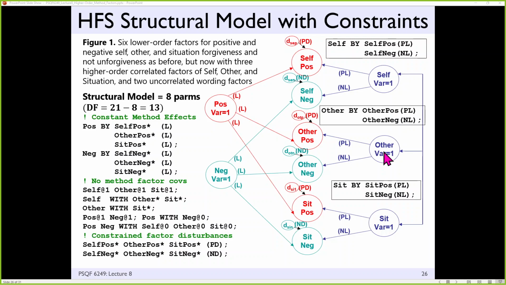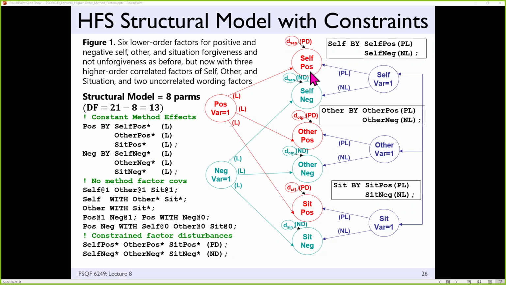And if I wanted to, although I'm out of room on the slide, I could have put a higher order factor over that. Then I could have had forgiveness, and then it went down to self, other, situation, and then it went down to positive and negative, like a 3-layer cake or something. That would have made them happy.